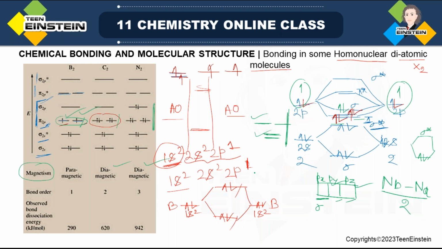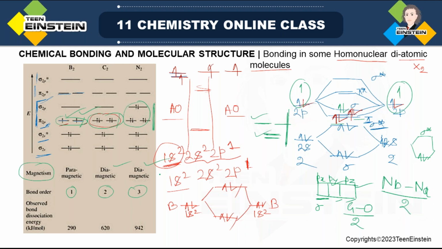So 2 minus 0 divided by 2 is 1. But for C2, you have a total of 4 bonding electrons, so it will be 4 minus 0 divided by 2, that is 2. And for nitrogen, a total of 6 bonding electrons, so it will be 6 minus 0 divided by 2. That is why it is 3. 1, 2 and 3. In this way you can understand what the bond order will be.